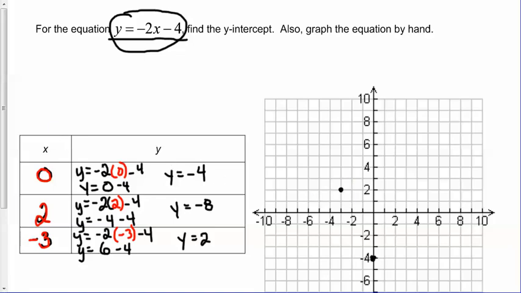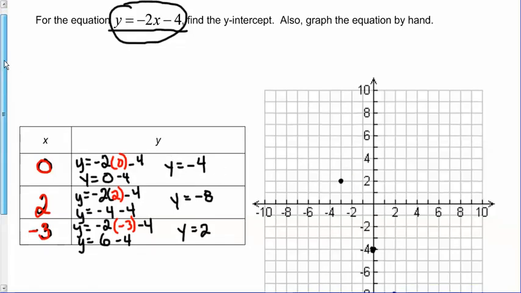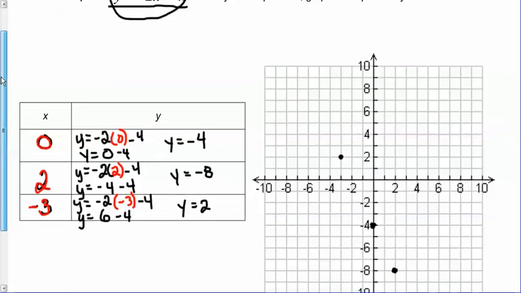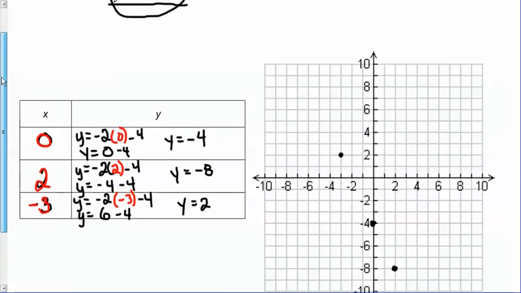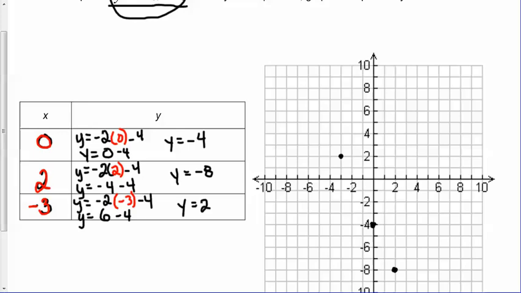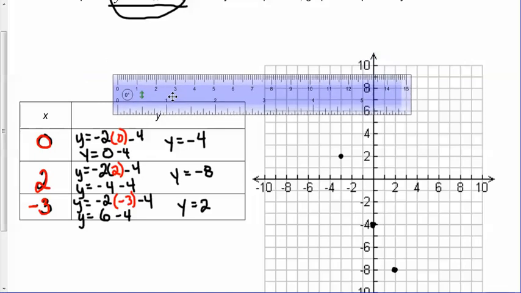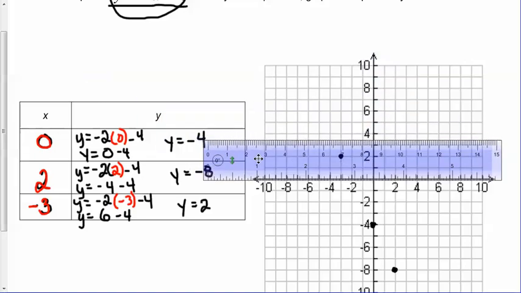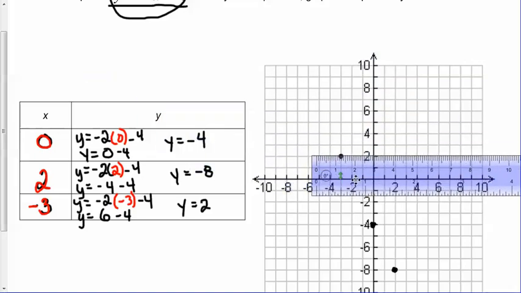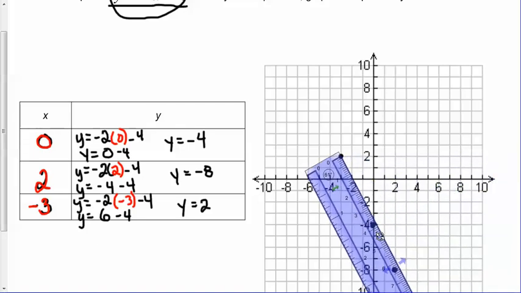Now I've got my 3 points, and I can find my line, and then we're going to look at what the intercept is. Well, it turns out that we already know what the intercept is, but we want to just look at our line as well. So let's grab our ruler. Just like you would do by hand, you're going to bring the ruler over and line it up. And these should all line up perfectly. If they don't line up perfectly, that means we made a mistake somewhere.